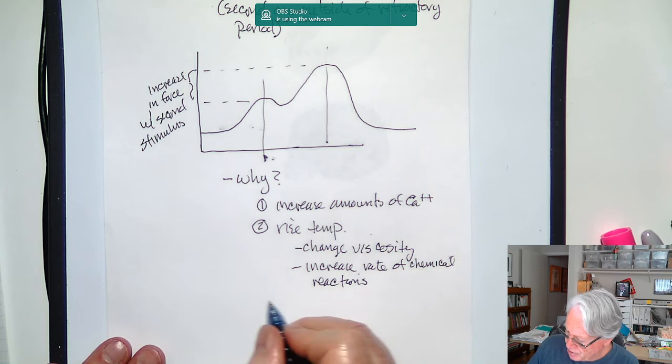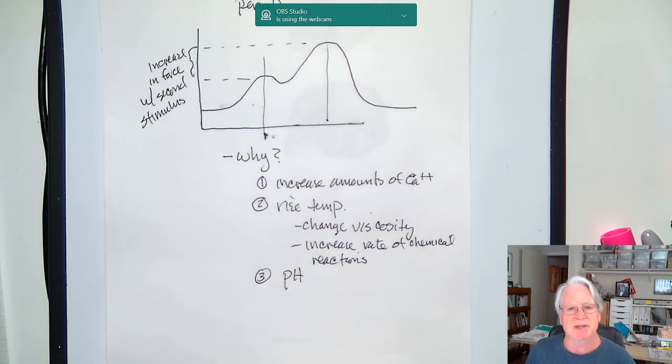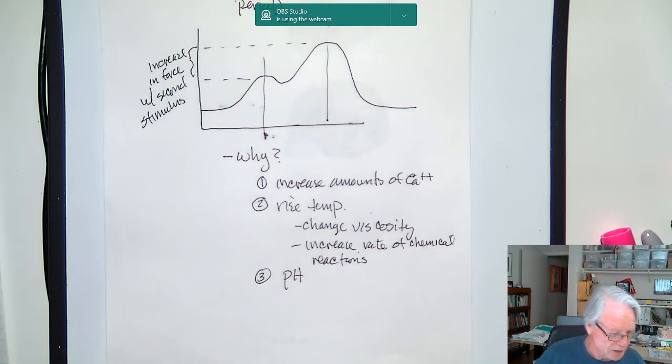And there will also be a change in pH, which we don't have to fully understand. There'll actually be a decrease in pH, it becomes more acidic, and that will also add. The exact mechanism we don't have to understand, just know that it does. So for these three reasons, we're going to get a stronger stimulus or a stronger amount of force being applied with that second stimulus. All right.